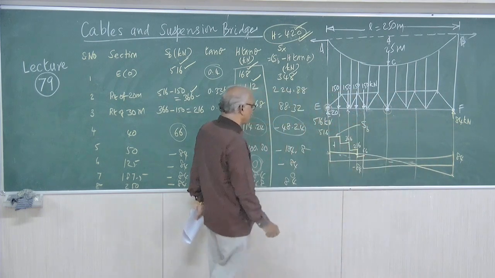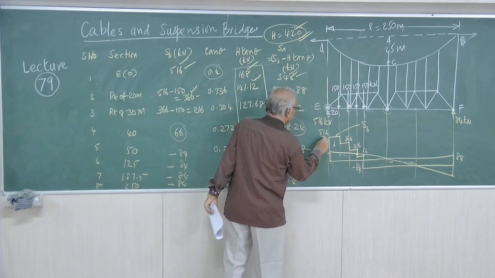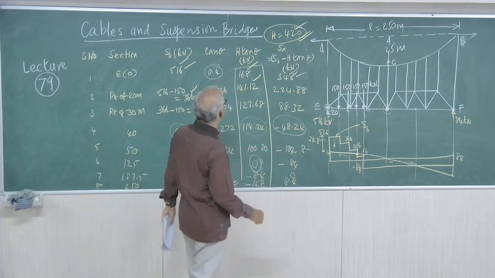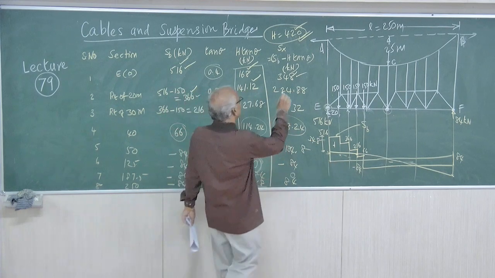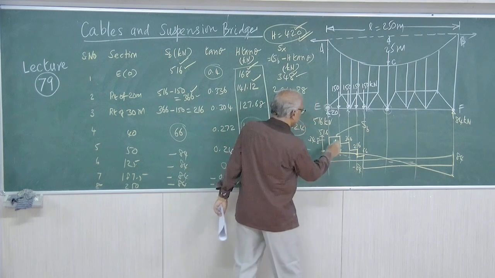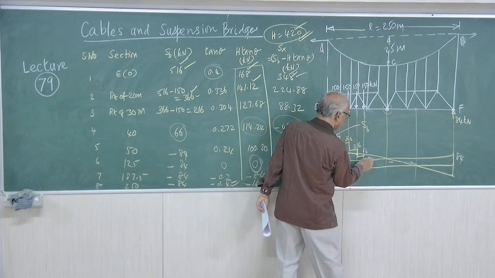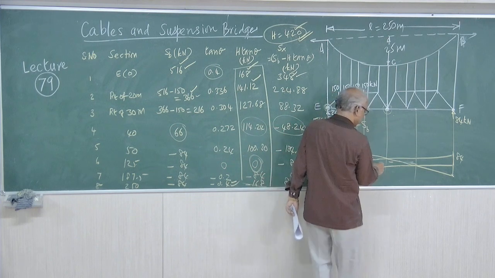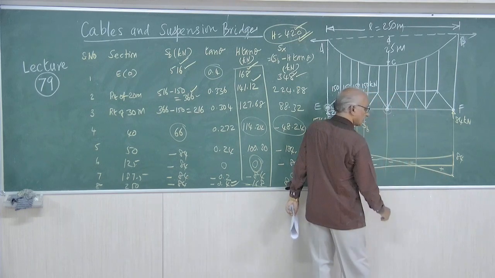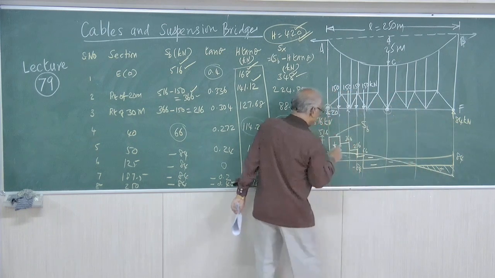So in this diagram we have to be very careful, because this net value will be 348, and this net value will be 224.48. This is plus, this is minus. This diagram is minus, so below this is minus. Now again this is plus. The net diagram, you will have only this as the net diagram.